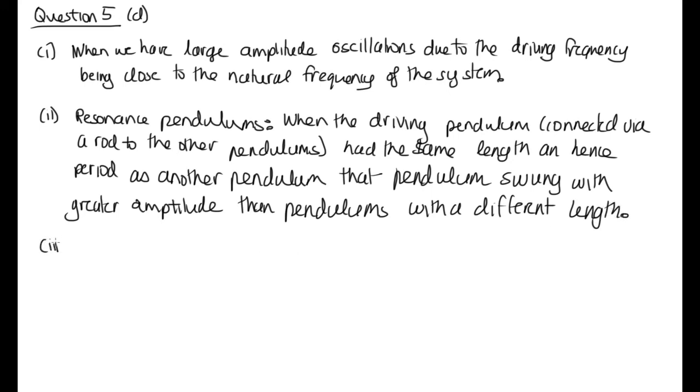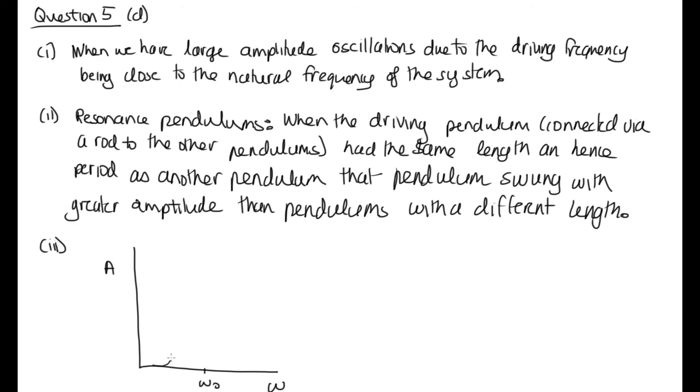And then part 3 says, sketch a graph showing the relationship between amplitude and angular frequency of the driving force for a system undergoing resonance. Indicate the effect of damping on this sketch. Okay, so here we've got the amplitude, here we've got omega. Let's call this omega naught. So this is the driving frequency, this is the natural frequency.